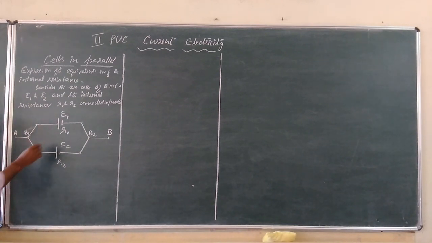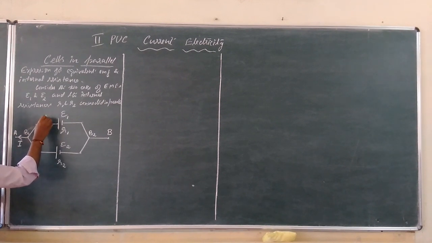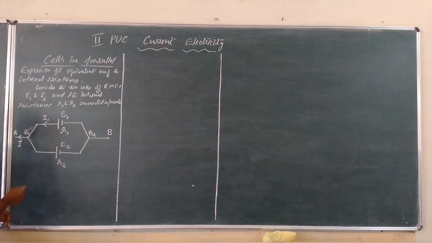Okay, so here see the main current. The current drawn by the external circuit, when the external circuit is connected to this combination, is say I, that is the net current supplied by the two cells. I1 is the current sent by E1 and the current flowing from E2, let it be I2.